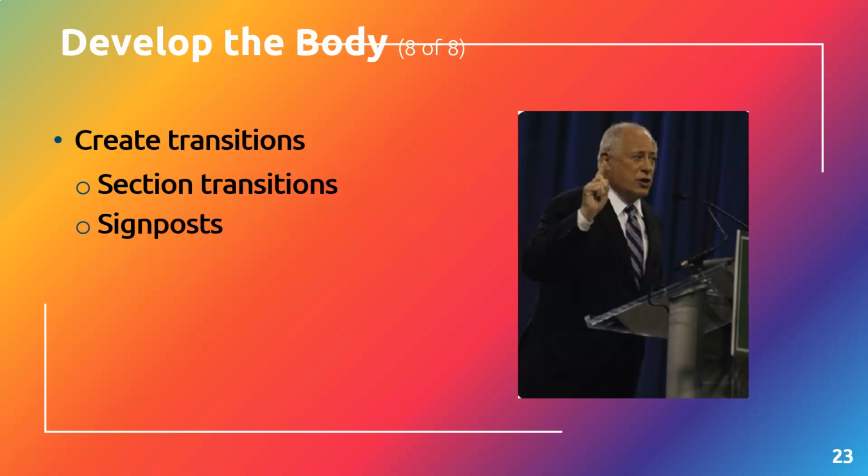Section transitions are what hold your speech together, what links the main points of your speech. A signpost is just a short word or a phrase that, again, helps the audience understand.